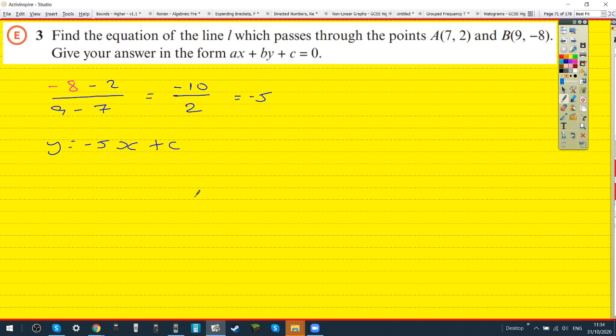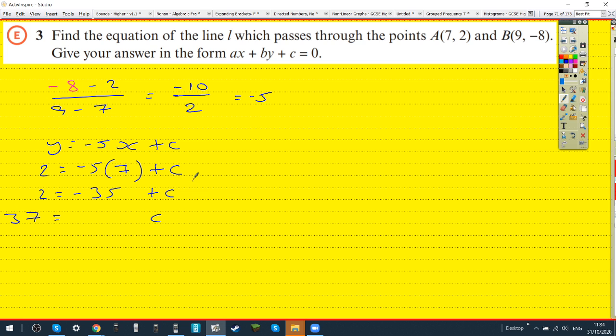Okay, so we substitute: 2 equals minus 5 open brackets 7 close brackets plus c. Then you'd work it out, so 2 equals minus 5 times 7, which is minus 35, so it'd be minus 35 plus c. Then you'd plus 35 on both sides, so 37 equals c.